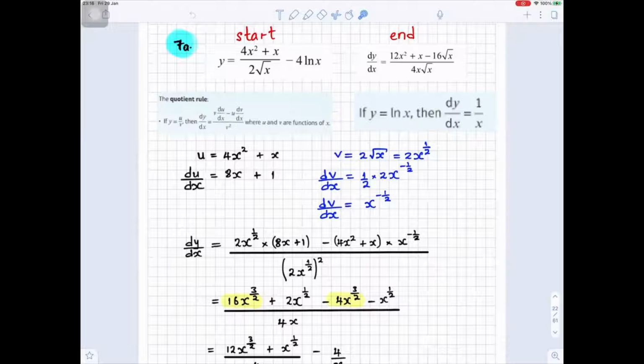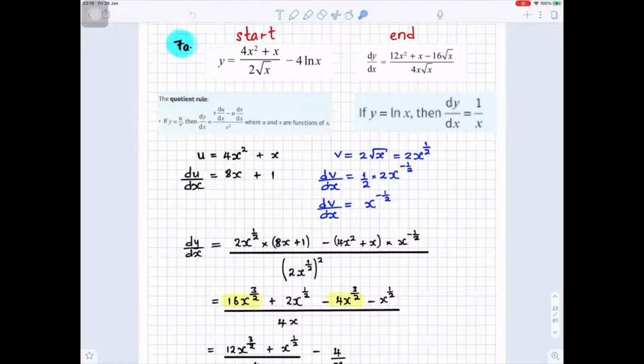So we differentiate u. du over dx, differential of 4x squared, gives you 8x. Differential of x gives you 1. 2 root x, we can write as 2x to the power half. When you differentiate 2x to the power half, the half comes in front, and you minus 1.